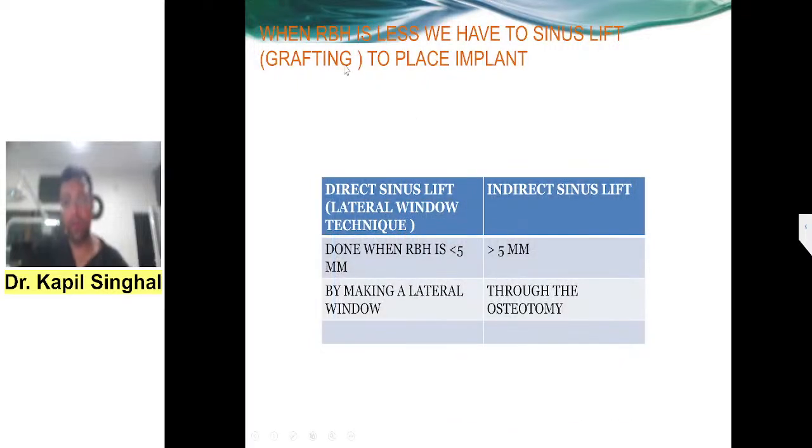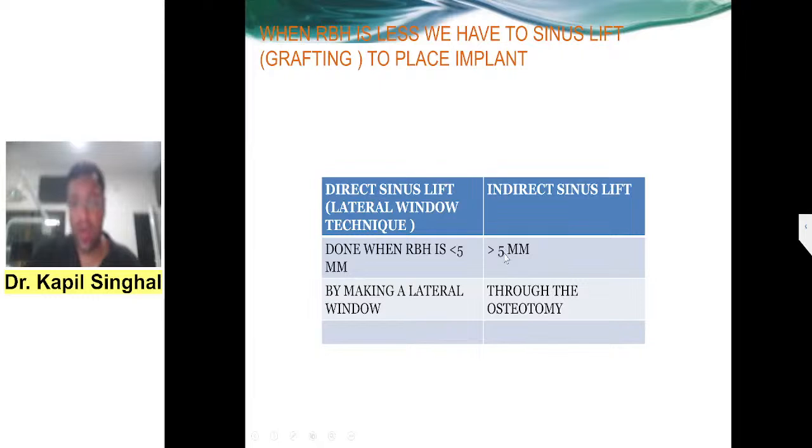Now very important, there are two types of sinus grafting you may have to do if the bone below the floor of the sinus is less. If the RBH is less than 5 mm, then you have to do a lateral window technique, a direct sinus lift, in which we make a lateral window like a Caldwell-Luc, create a window, lift the sinus membrane, graft and place an implant.